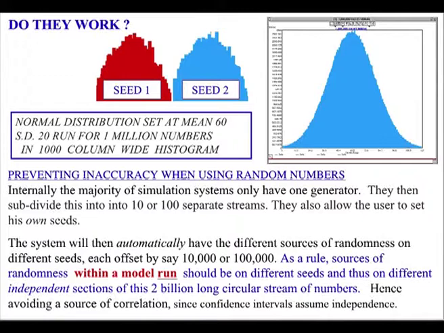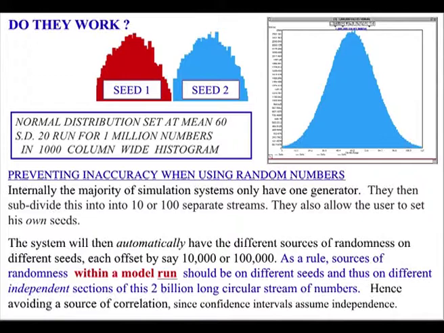Internally, the majority of simulation systems only have one generator. They then subdivide this into 10 or 100 separate streams. They also allow the user to set his own seeds. The system will then automatically have the different sources of randomness on different seeds, each offset by say 10,000 or 100,000.